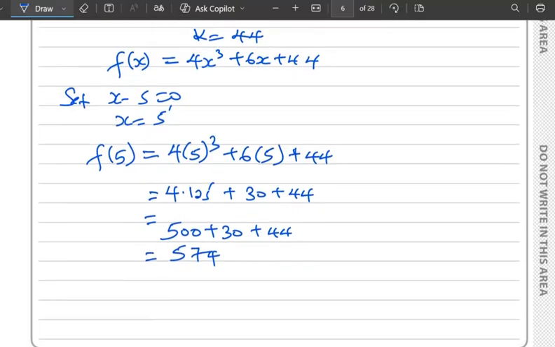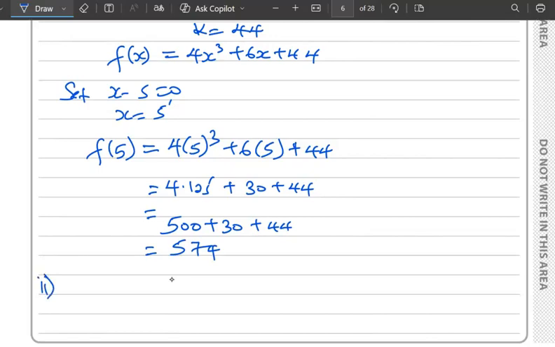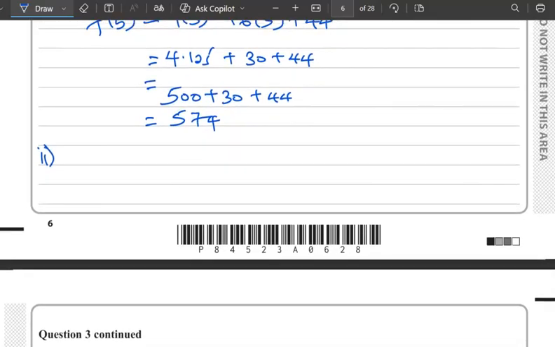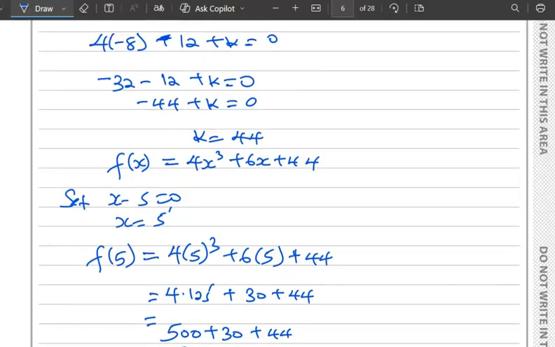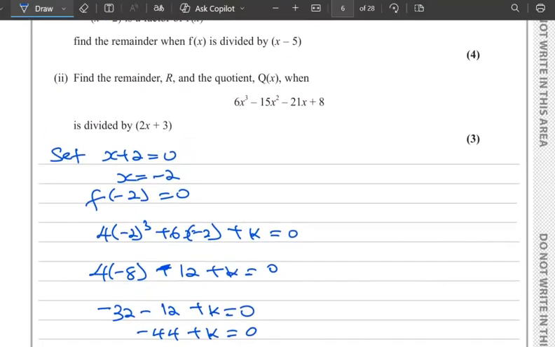Roman 2, let's go back. Roman 2, you're also given find the remainder r and the quotient q of x when 6x power 3 minus 15x squared minus 21x plus 8 is divided by 2x plus 3.